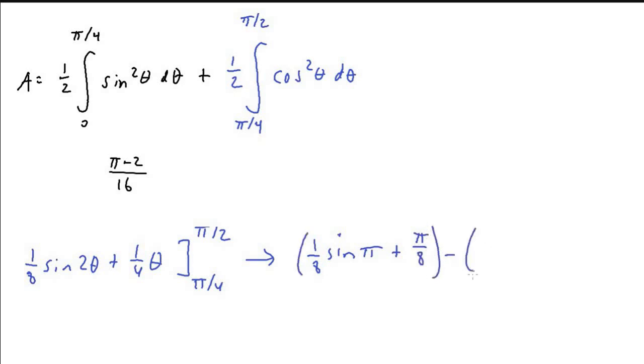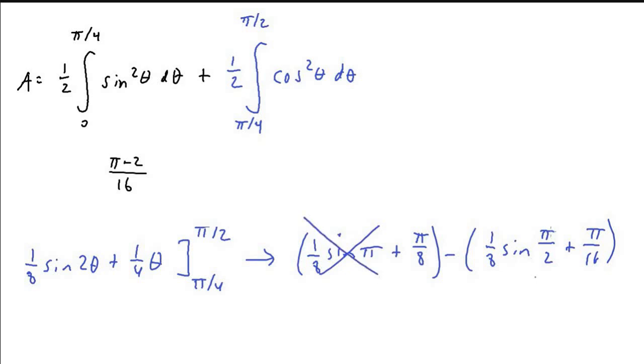minus, when I plug in pi over 4, we get 1/8 times sine of 2 pi over 4, or pi over 2, plus pi over 16. So then sine of pi is obviously 0, so 0 times 1/8 is 0, so that'll cancel out.